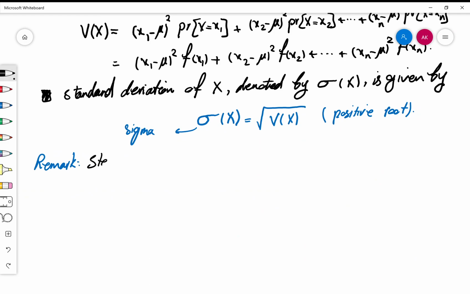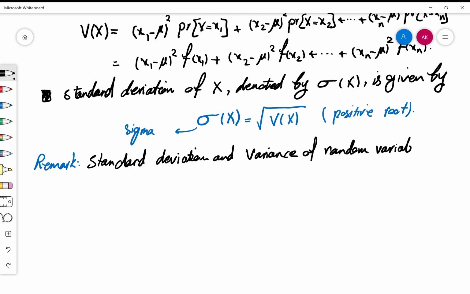Standard deviation and variance of a discrete random variable are always non-negative numbers.